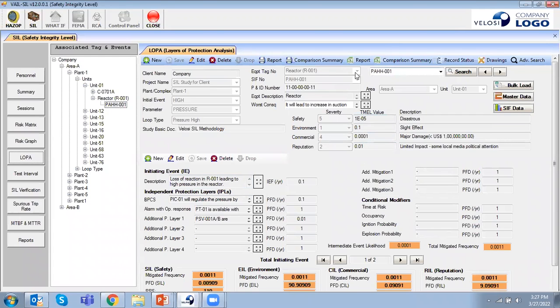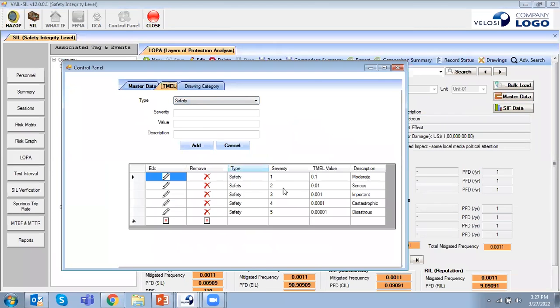First of all, we have identified the SIF. Then based on the consequence, we have assigned the target values. For example, for safety, we have assigned the target value severity 5. Severity 5 means disaster. We can edit our values, for example, for safety, environmental, commercial, reputation. We can edit the values of TMEL here according to the company's risk matrix.